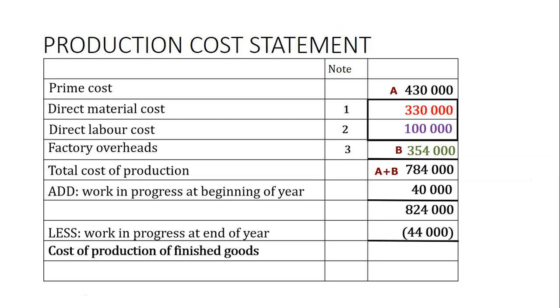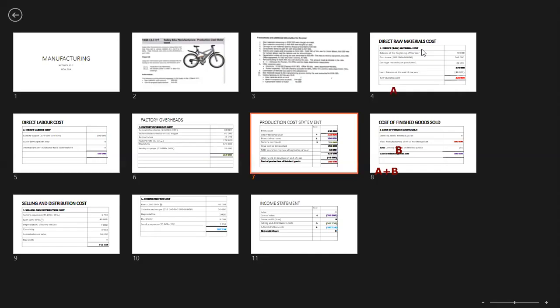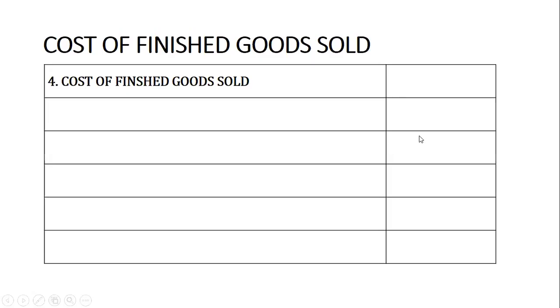Where will this amount go to? It goes straight to cost of sales. Under cost of sales, you normally start with balance of finished goods.